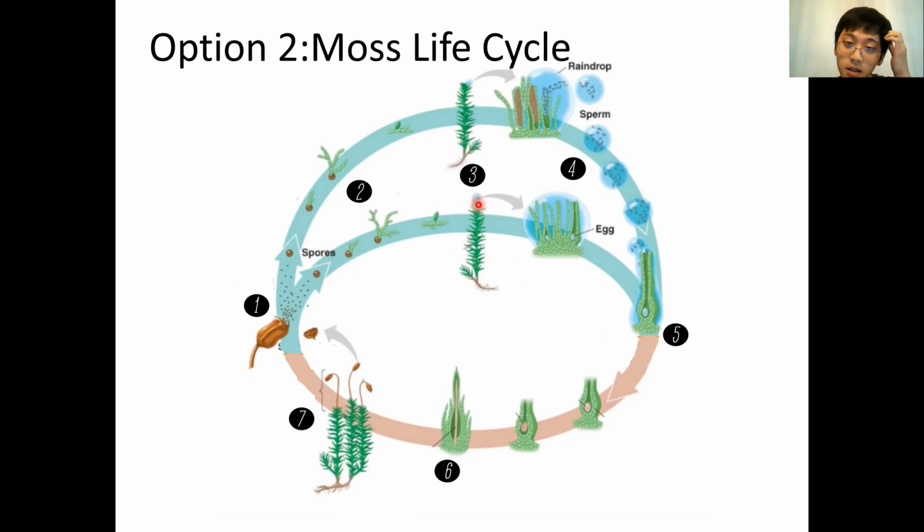At the tip of this gametophyte, in males we have antheridiums, and in females we have archegoniums. Antheridiums produce the sperm, and eventually when water hits them, those sperm are dispersed. The archegonium holds the egg and just holds it there.